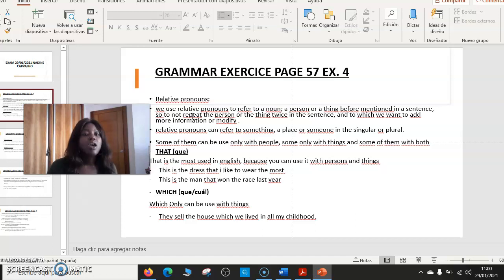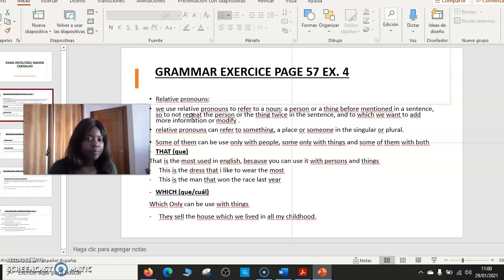We use the relative pronouns to refer to a noun, a person, or a thing mentioned before in the sentence, so as to not repeat the person or the thing twice in the sentence, and to which we want to add more information or modify.